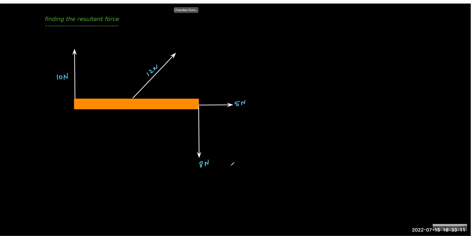Okay, let's say this angle is given. Okay, keep it 60. So how many forces do we have here? Okay, if you want, I can do one more, maybe like this.